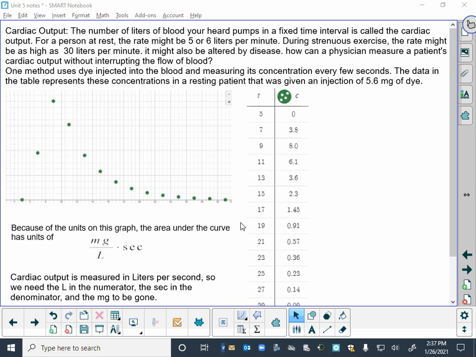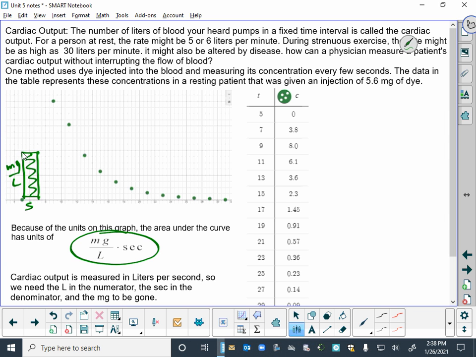And so if we want the cardiac output, when we look at this graph, because it's the data that we have, if we were to do areas of rectangles here, however we decide to make those rectangles, the area of this rectangle, because this is milligrams per liter tall and seconds wide, it will have units of milligrams per liter times seconds.